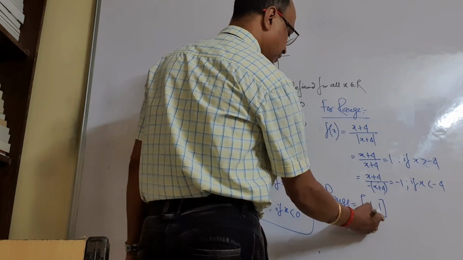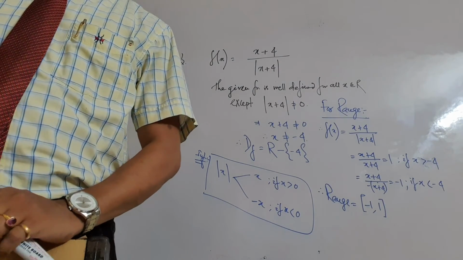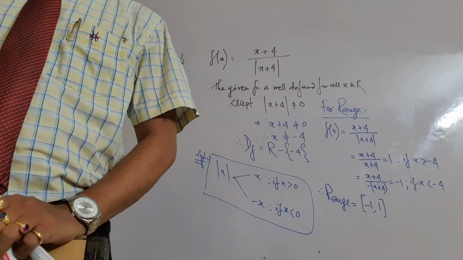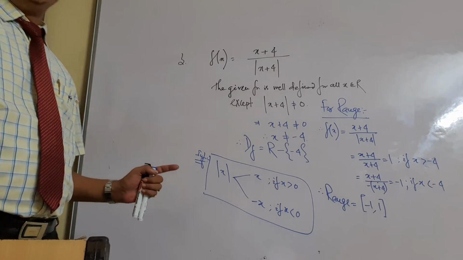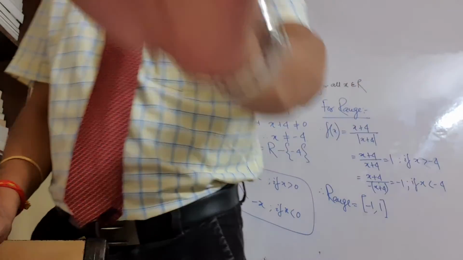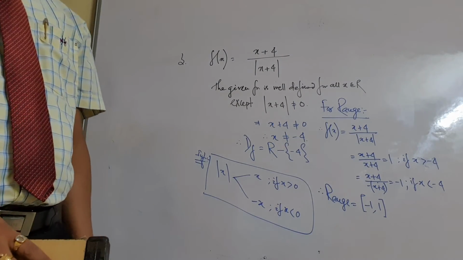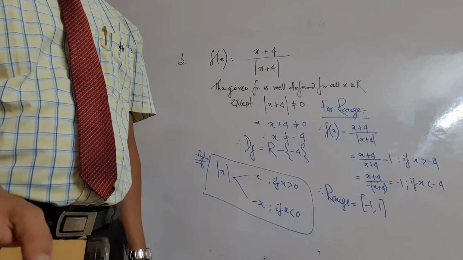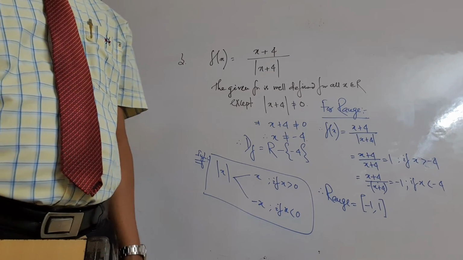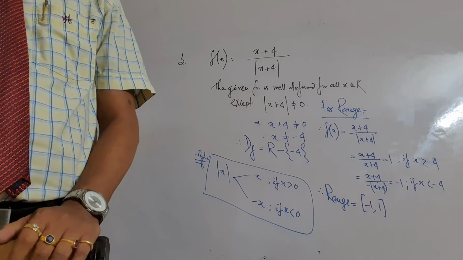Whatever value you put for x, you will always have plus 1 and minus 1 values. So the range will come minus 1 to 1. Is it okay? Yes, sir.